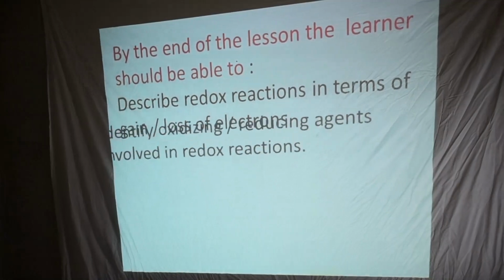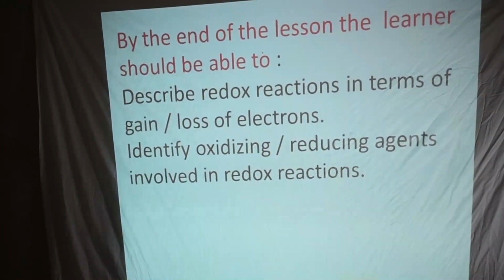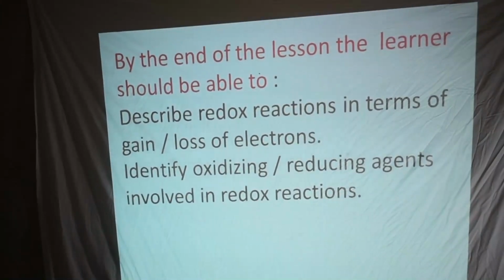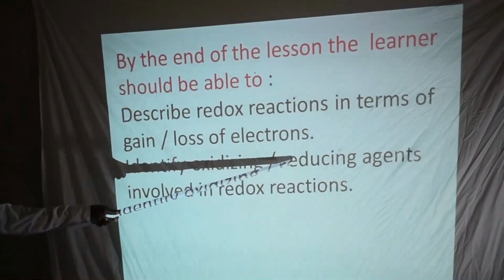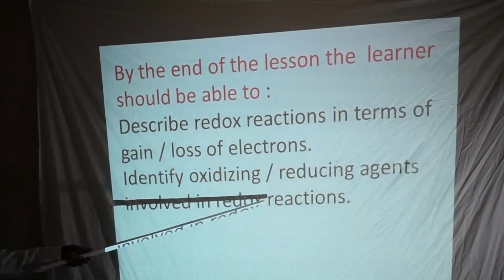Number two, the learner should be able to identify the oxidizing and the reducing agent involved in the redox reaction.